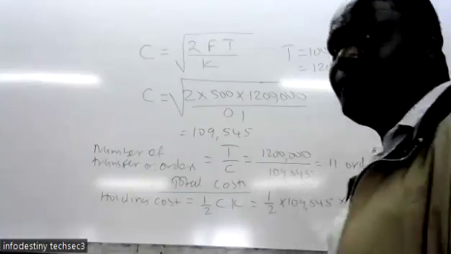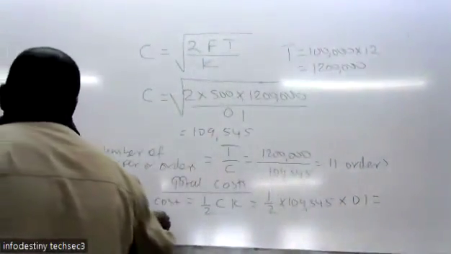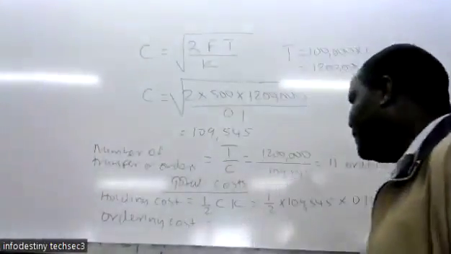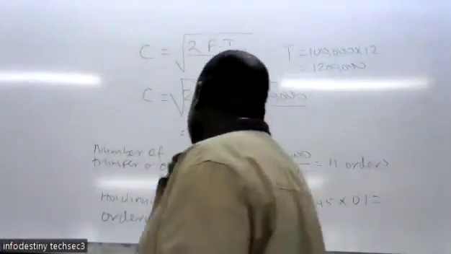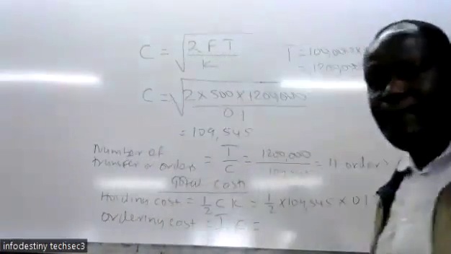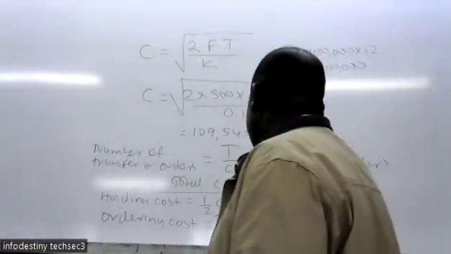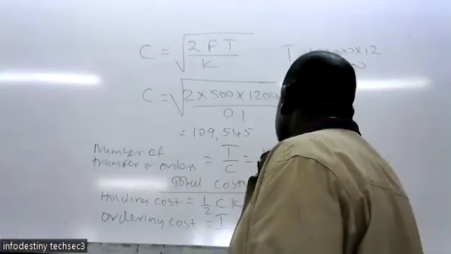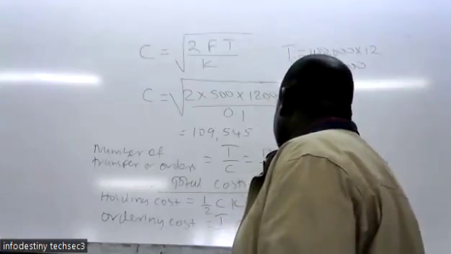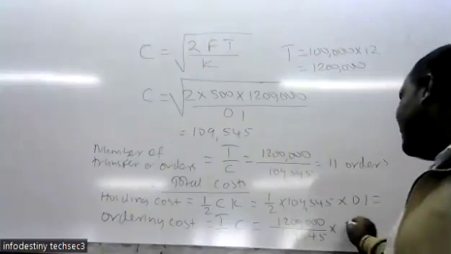Then there is also ordering cost. Ordering cost is T divided by C, times F. F was how much? 500.